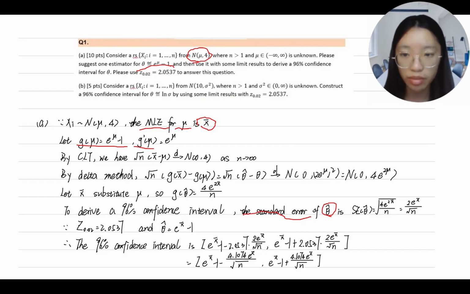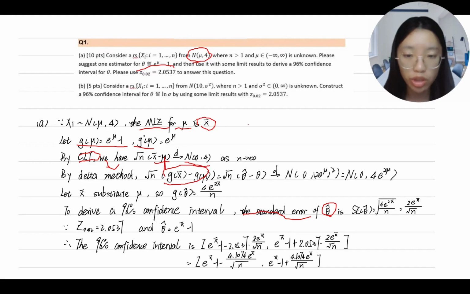Then we can use the central limit theorem and have the relationship between x bar and mu limiting to the normal distributions, and then we can use the delta method, so we can get the relationship between g x bar and g mu.